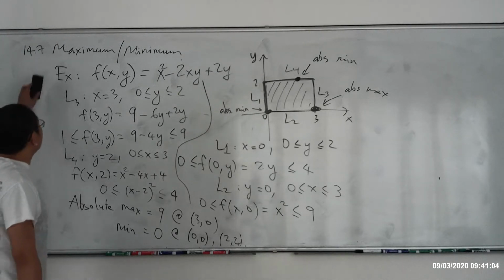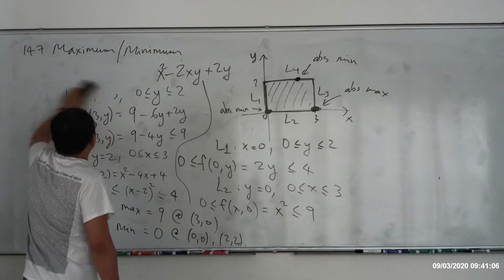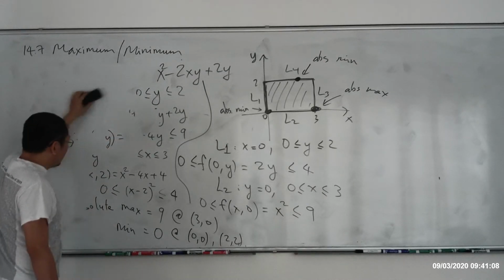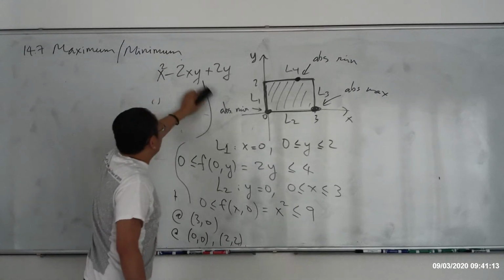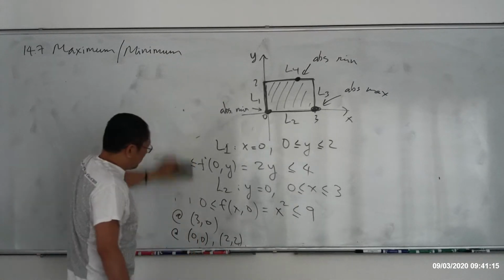Let me move on to 14.8. I'll be talking about another type of finding maximum and minimum. But this time we're not talking about local max, local min, or absolute max and absolute min anymore.